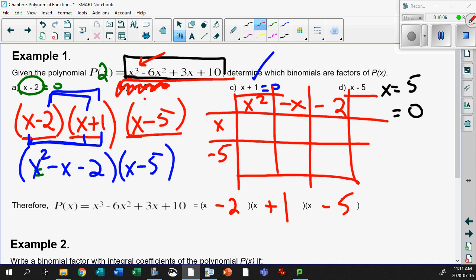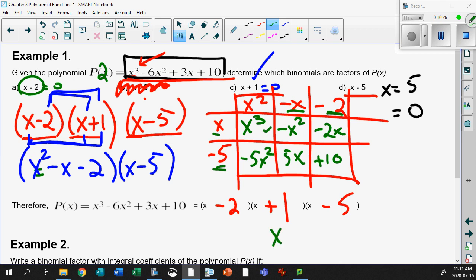This becomes, over here, x cubed. This becomes minus x squared. This becomes minus 2x. This becomes minus 5x squared. This becomes plus 5x. And this becomes plus 10. Add them together. x cubed minus 5x and minus x squared is minus 6x squared. 5x and minus 2x is positive 3x plus 10.